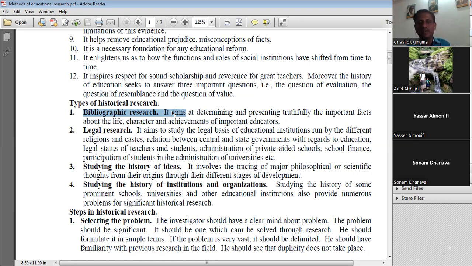Whatever may be the area in your sector, any previous report, such as the first commission report, second commission report, and third commission report, you analyze through bibliographical studies of that particular research report. That time researchers use bibliographical research methods, isn't it?